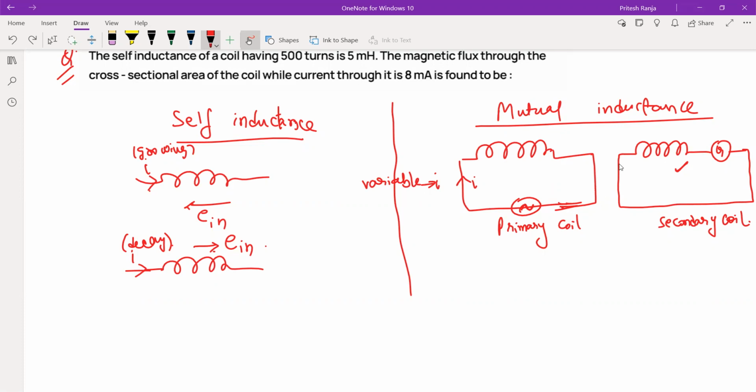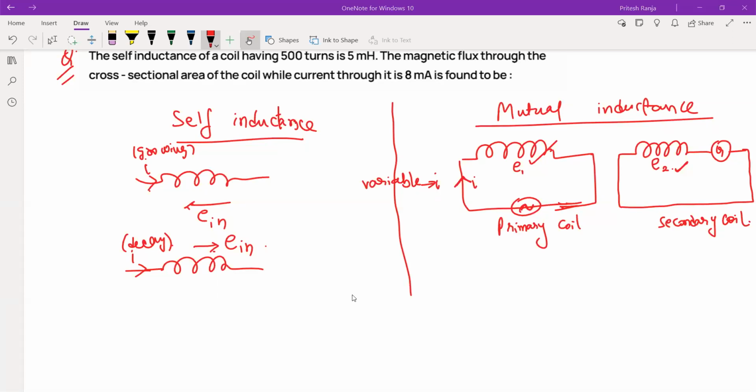If we observe here, the EMF induced will be because of the mutual placement of these two coils. This current will give rise to one self inductance, that means EMF induced due to self inductance, which is induced in this coil itself, and EMF induced due to the mutual placement of these two coils. So let us find out the expression. What happens here?